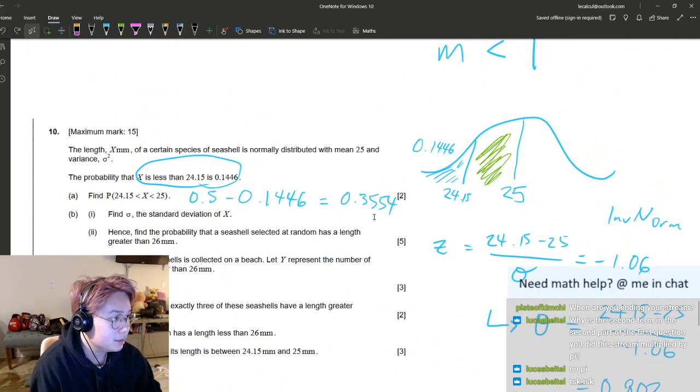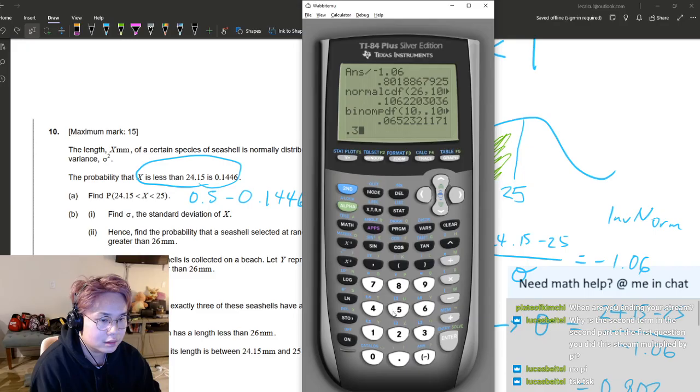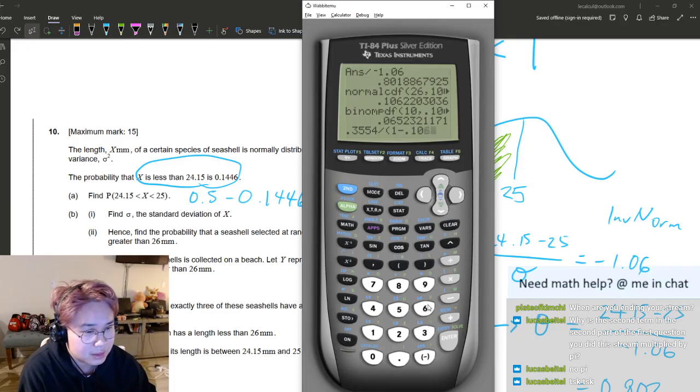So 0.3554, we're going to divide this by 1 subtract 0.106.